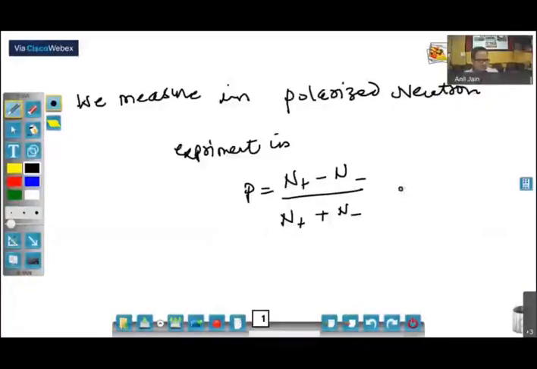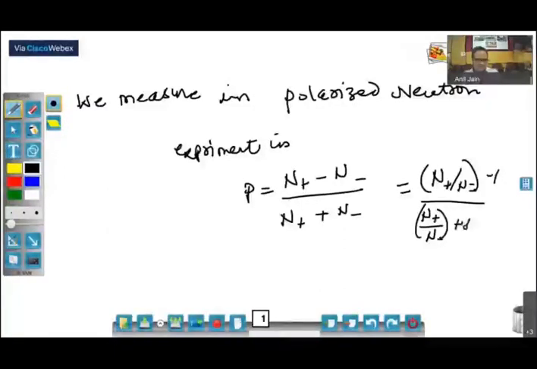This is what we measure in the experiments, which is called the longitudinal polarization analysis.